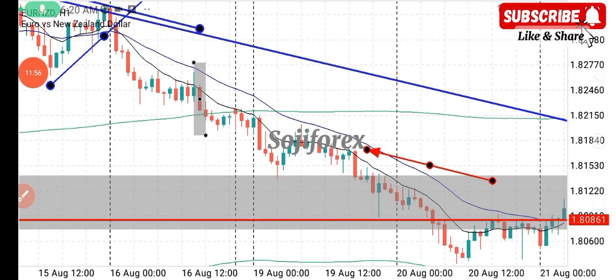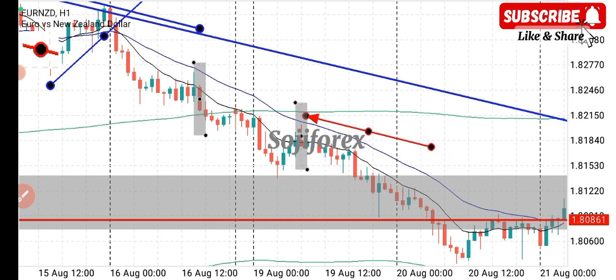So this is another candlestick formation, and this entry, first and second entry, third entry. Okay, here again is my engulfing candlestick, another entry, stop loss above.